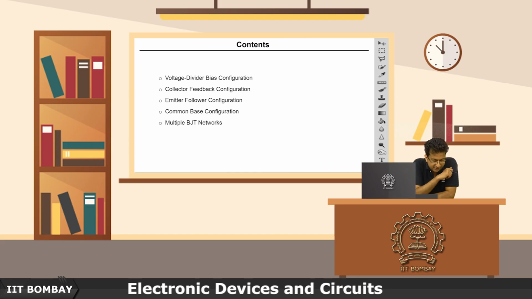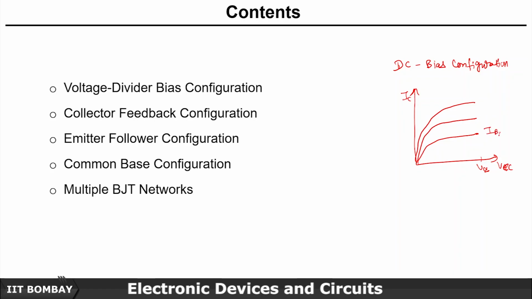In the last lecture we discussed several DC biasing configurations. The role of DC biasing configuration is basically to fix the operating point. If you see these characteristics, IC versus VCE, these are the ICs for different IBs: IB1, IB2, IB3.